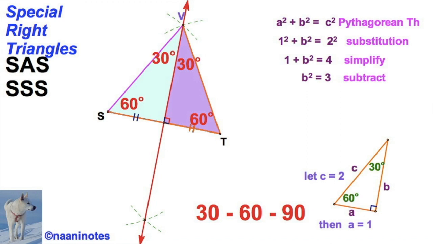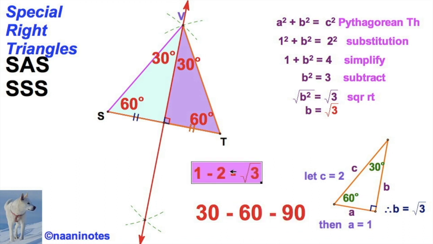Now, B squared is 3. Clearly, B is the square root of 3. And hence, down here, you're going to say, therefore, B is radical 3. The ratio of the sides of a 30, 60, 90 triangle: 1, 2, radical 3. How's that?